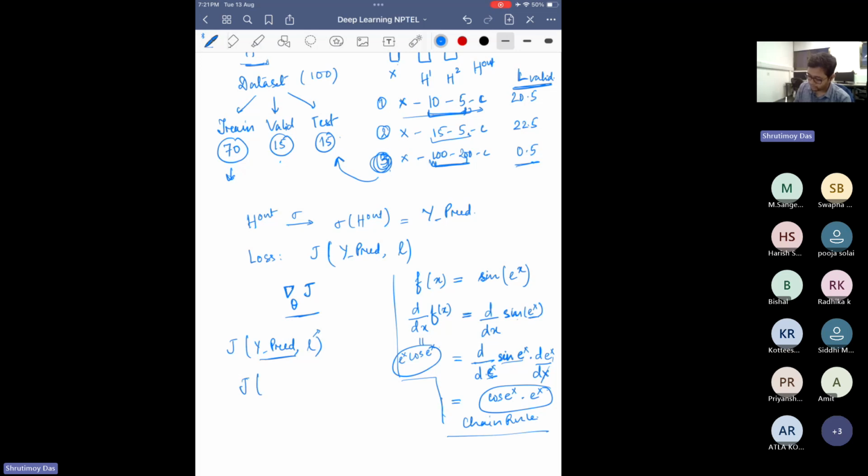Y pred is basically softmax of h out. Here we were differentiating sine of e to the power x with respect to e to the power x. So what should we differentiate J with respect to for now?